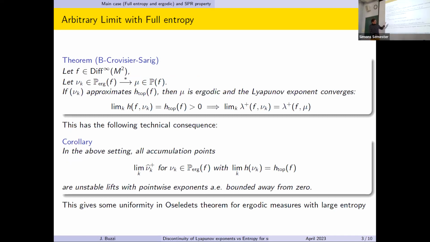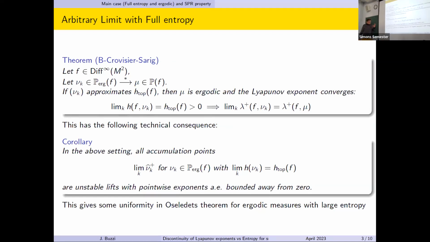Because it has the following corollary, very technical, which tells you that if you have measures whose entropy converges to the topological entropy, and you look at their unstable lifts and at the accumulation points, then in fact the accumulation points are still unstable lifts of hyperbolic measures, not necessarily ergodic.